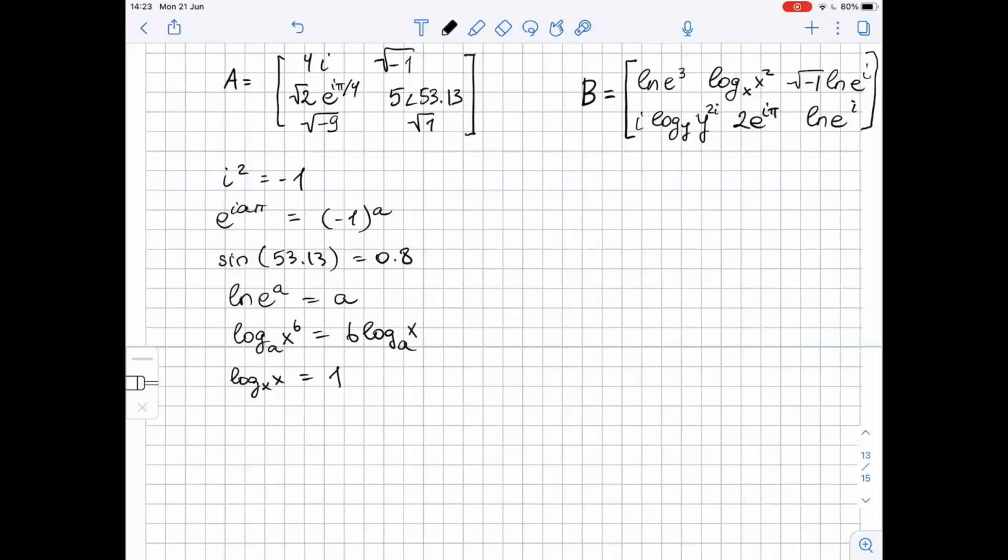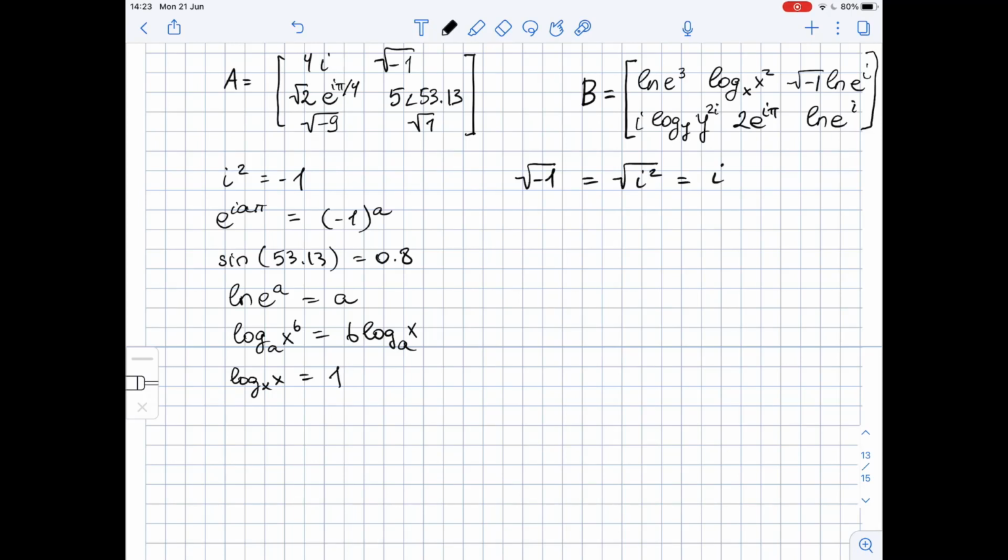So for matrix A, we see that its second entry, the square root of -1, actually equals the square root of i squared, so it equals i.